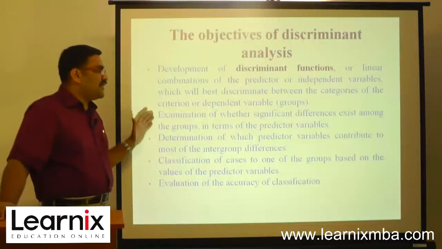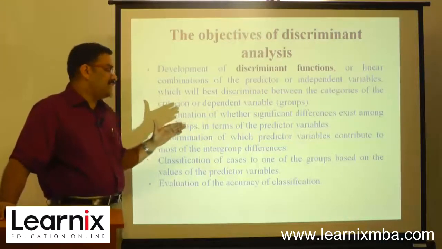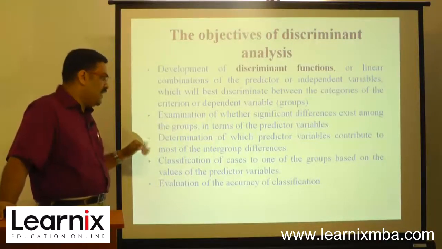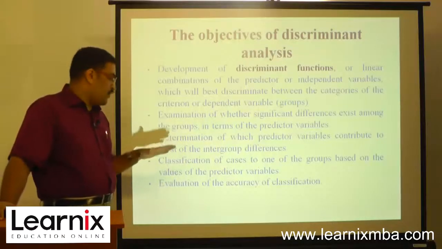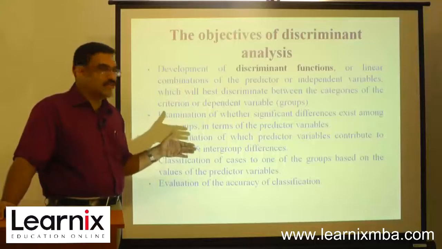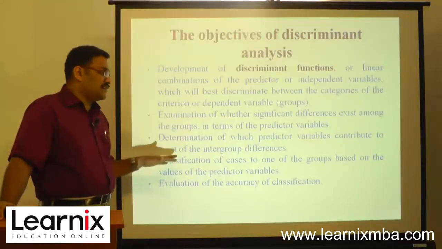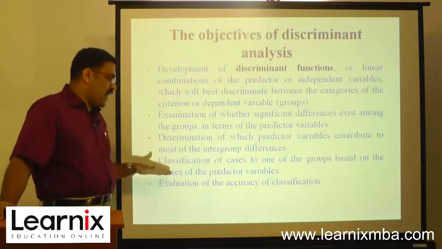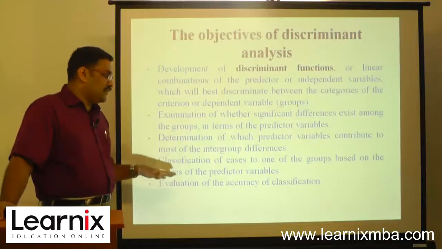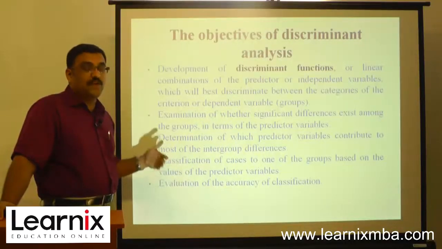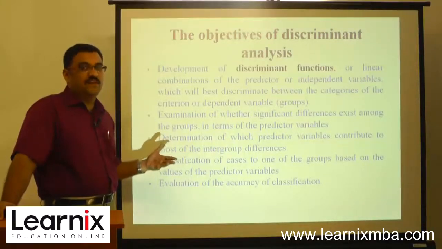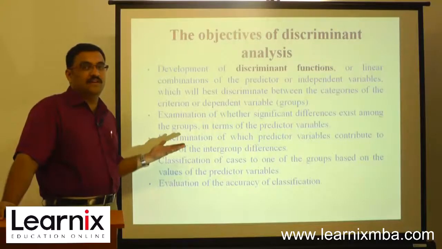It examines whether a significant difference exists among the groups in terms of the predictor variables; significance is also calculated. It determines which predictor variables contribute most to the intergroup differences. There is also classification of cases into one of the groups based on the values of the predictor variables, and evaluation of the accuracy of classification. How accurate the classification made by the discriminant function is will also be calculated.